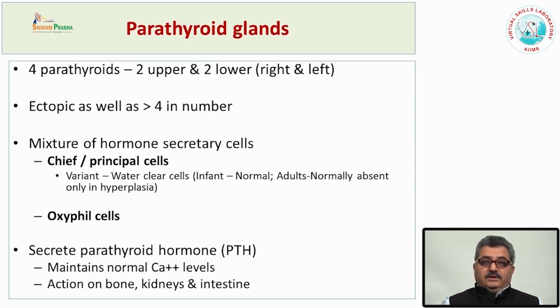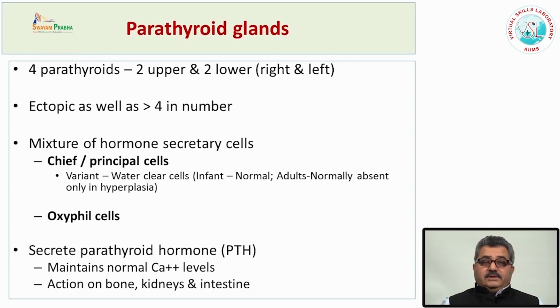As we know, each parathyroid is composed of 2 types of cells. One is the chief cells or principal cells, or what we call the clear cells. The clear cells are mostly seen in infants as normal, but in adults they are normally absent except in some diseases.